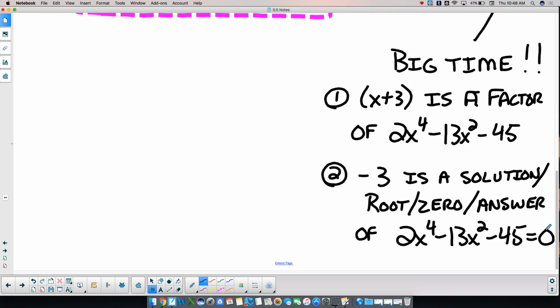How did I come up with -3 as a solution? Set what equal to 0? X plus 3, because remember we set our factors equal to 0.